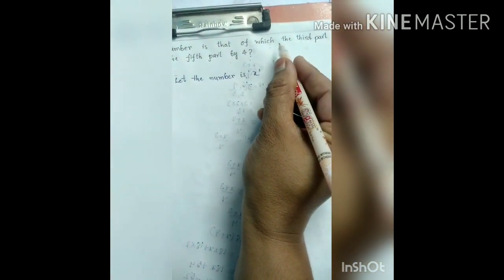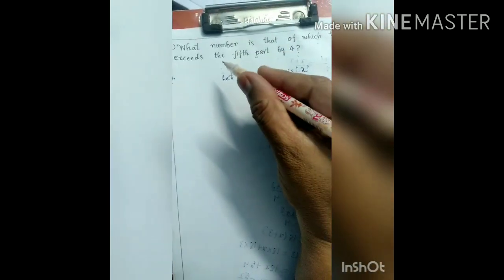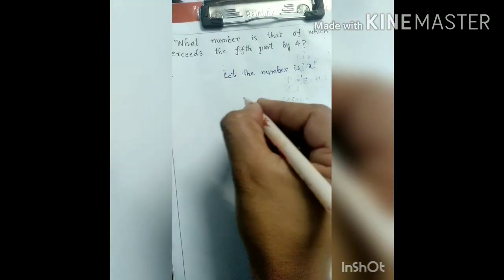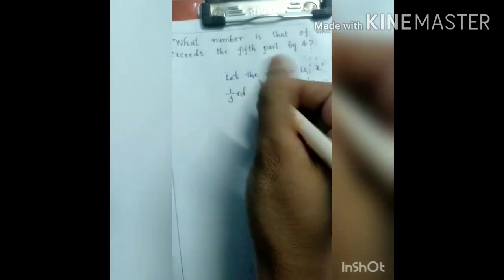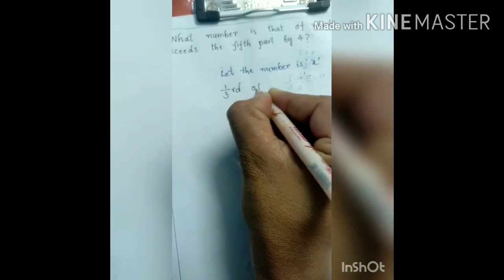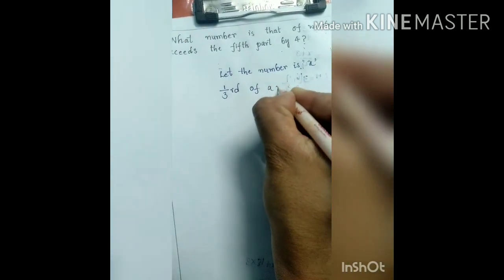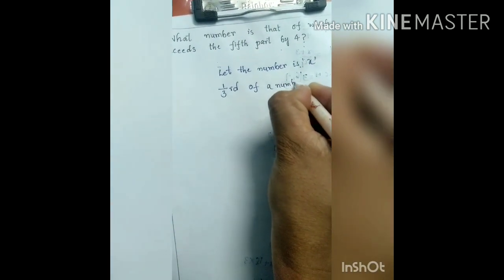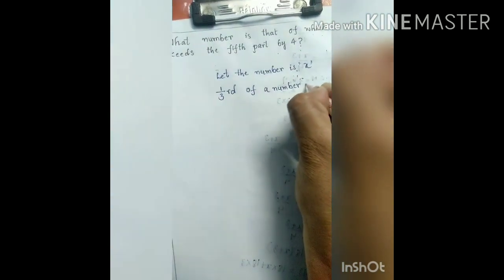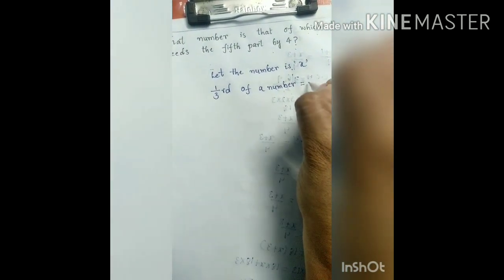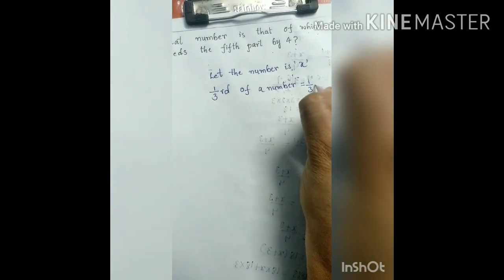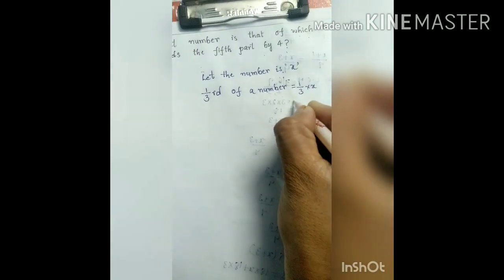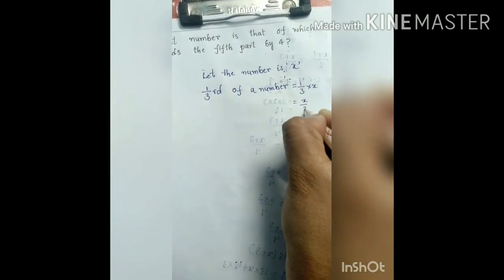Okay, here observe that of which the third part, that is 1/3 of a number. Already we took the number as x. So 1/3 part means 1/3 into x, so here x by 3.